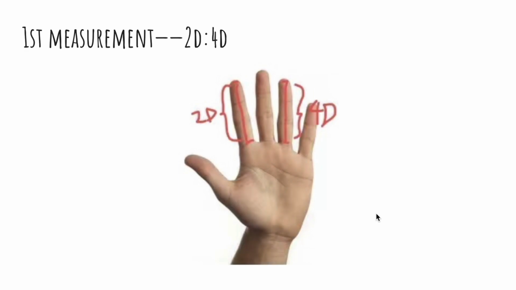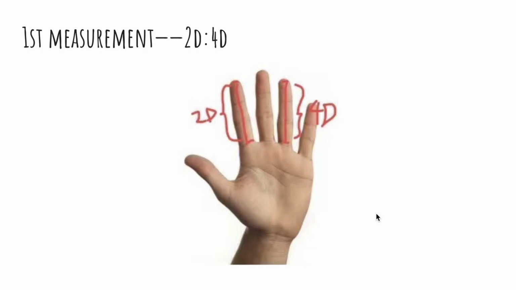You just take a ruler and measure the length from the tip of your index finger to the top of your palm and record that, and that's your 2D.